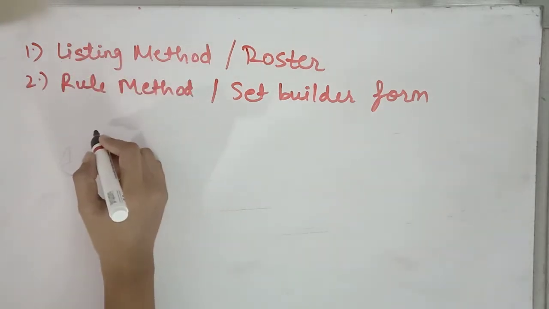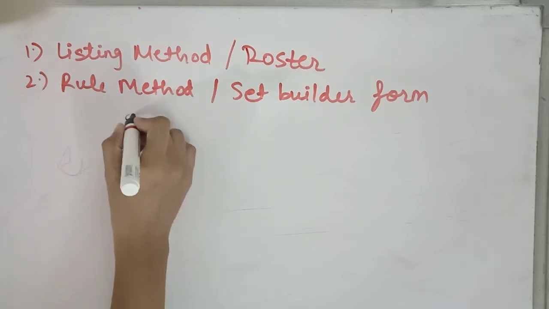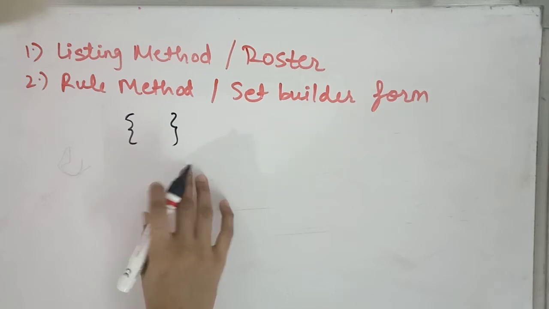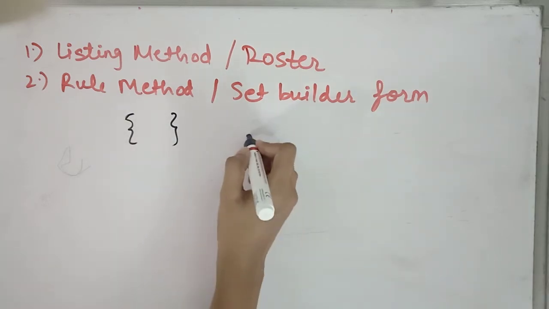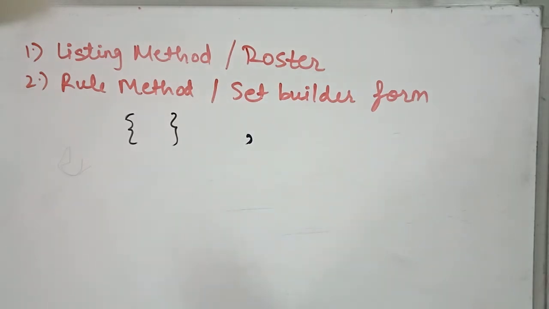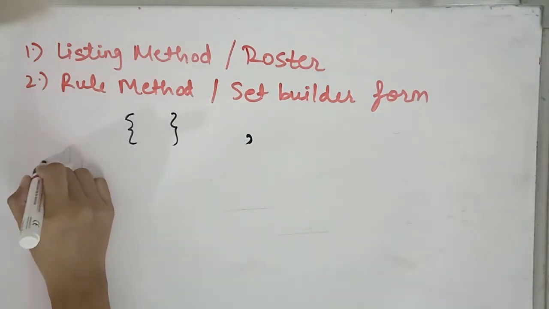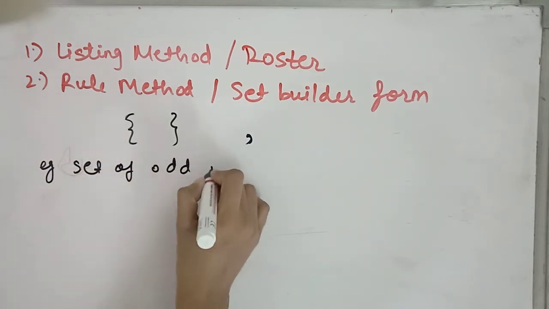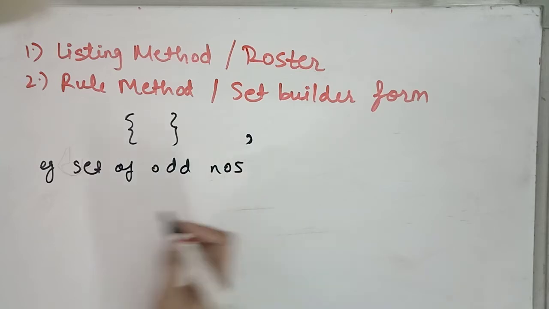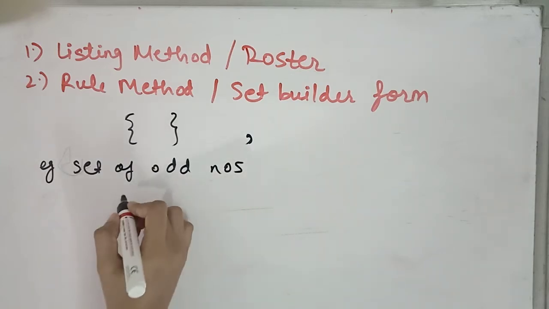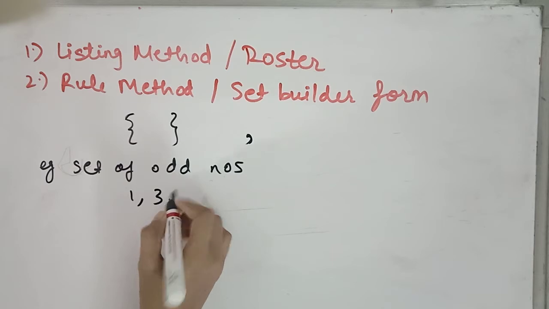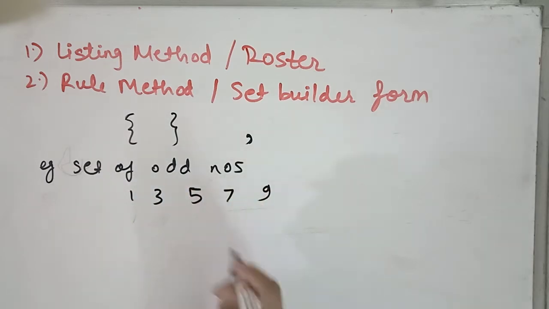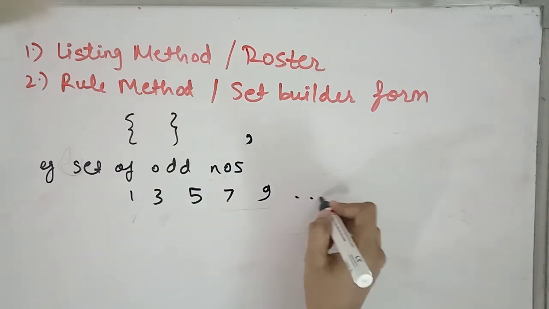In listing method, elements are written in brace bracket or we can say curly bracket. Each element is separated by a comma. For example, let's take the set of odd numbers. We know the odd numbers are 1, 3, 5, 7, 9 and so on.